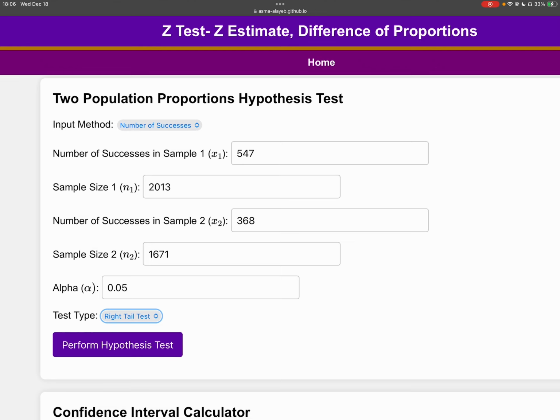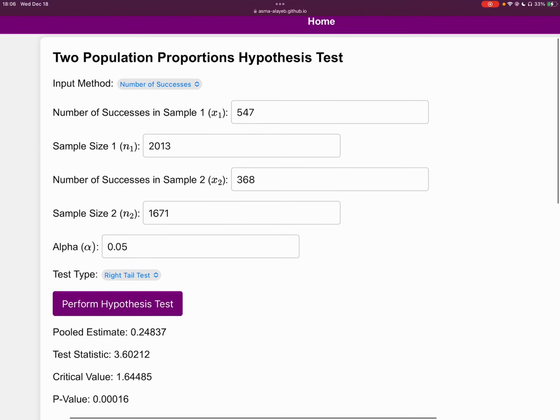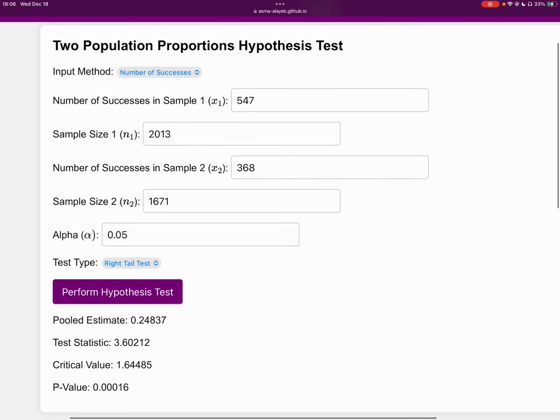And when I hit perform hypothesis test, it's going to calculate the test statistic and the p-value for me. So here's my pooled estimate, 0.24837. That's what I calculated for the overall p-hat. My test statistic is 3.60212.